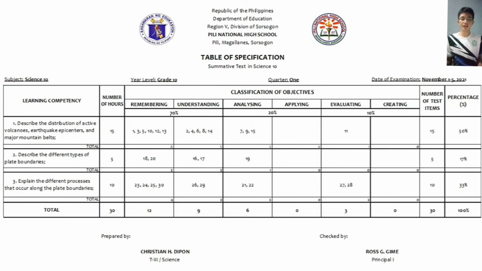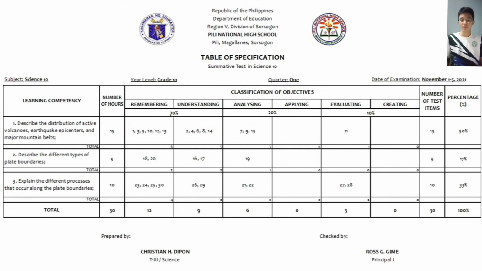After giving the number of hours in each learning competency, the next step is to get the percentage, so that we can determine how many items each learning competency gets.